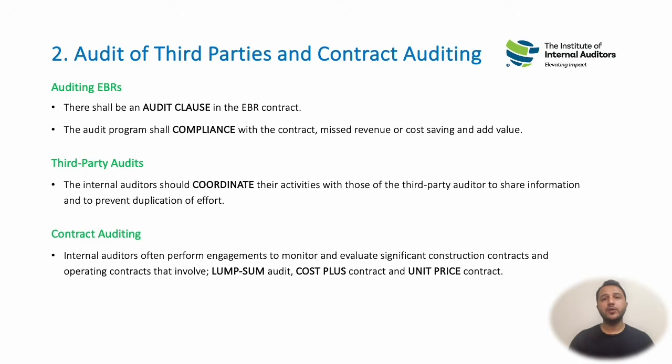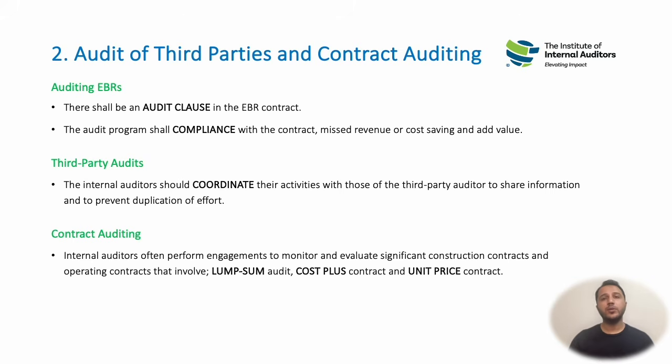In third party audit, we have to ensure that whenever we are dealing with any third party, so in the first section we talked exclusively about external business partners, and now we are talking about third party. It's similar, so do not get confused, but here we are just giving a generic overview of any other third party with whom we are dealing.